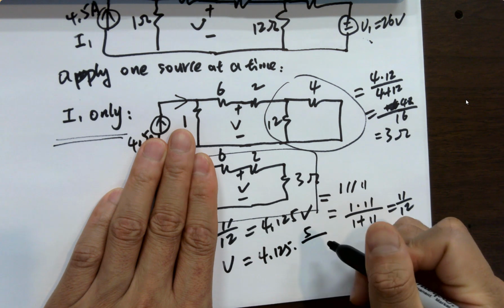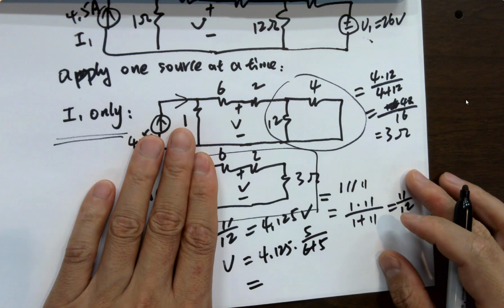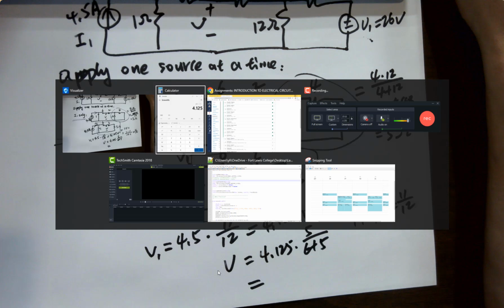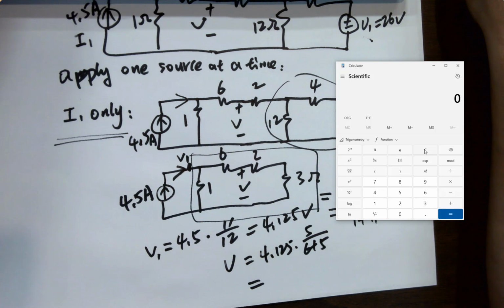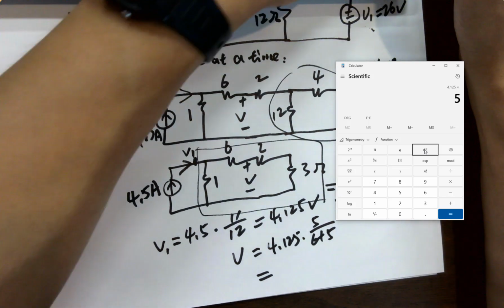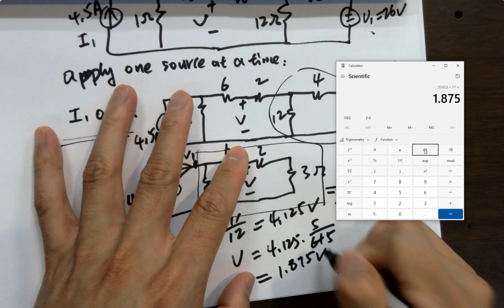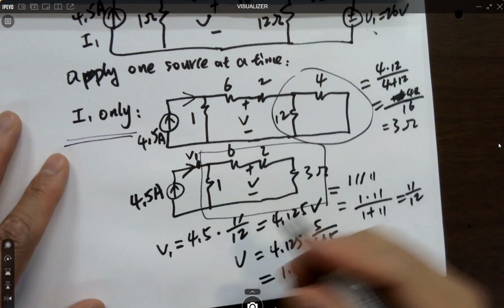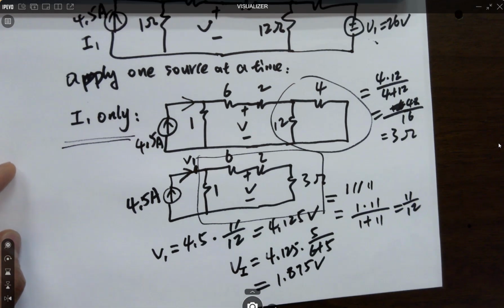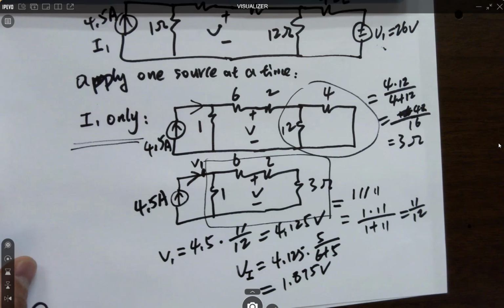That becomes 4.125 times 5 over 11, 1.875 volts. You are not done yet. That's the voltage contribution from the current source. Voltage contribution from the current source.